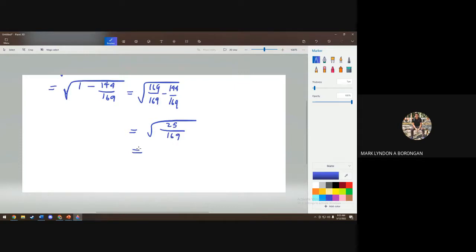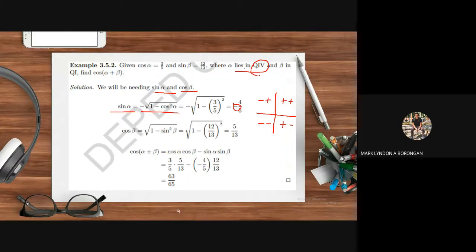Getting the square root of both, you get 5 over 13. Now, remember that beta is in quadrant 1, so both are positive. It is just positive 5 over 13.